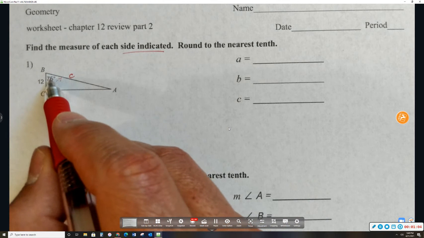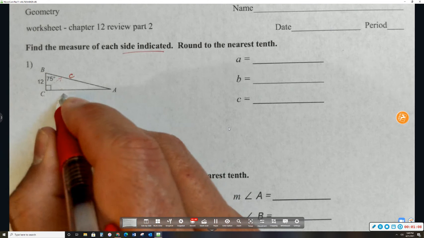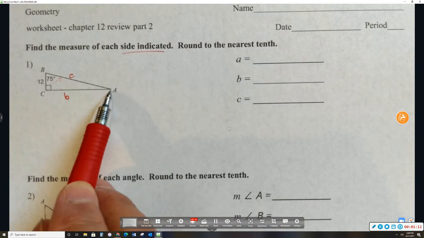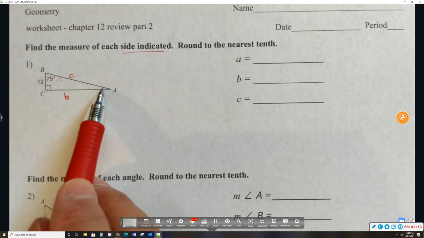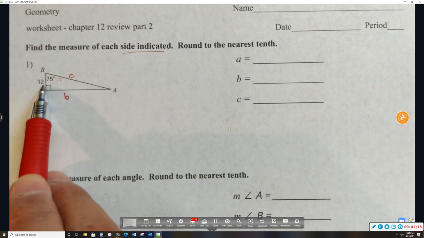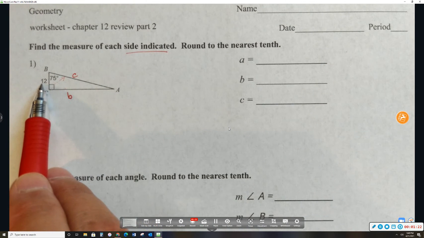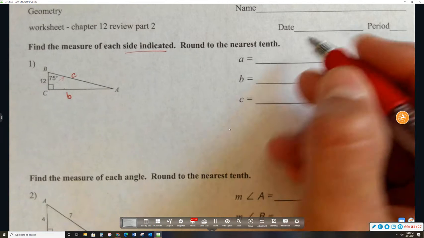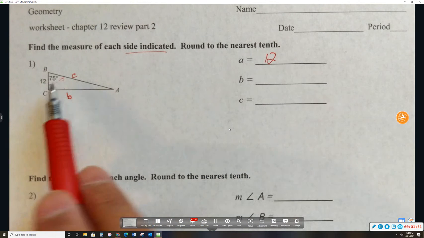If we go across angle B, we come over here and touch this bottom side. So that's lowercase b. To find lowercase a, we start at angle A and go across to here. I'm not going to put A there, even though that's where it belongs, because there's already a measurement there. I'm just going to say A is 12.